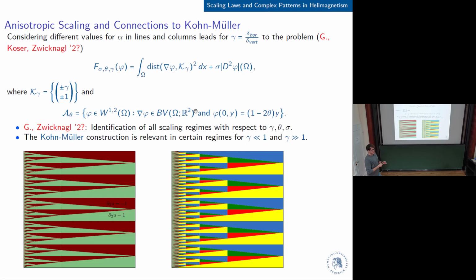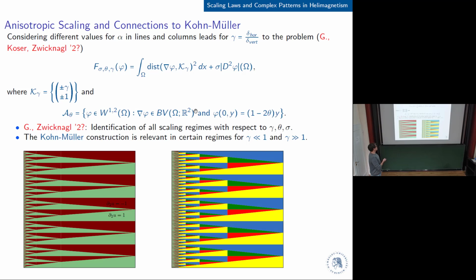Now the competitors in the regime where gamma is very small look as you would naively hope. If gamma is very small, this should be a good guy. If gamma is moderately large, this should be a good guy. And in between, you start like this, and then at some point you transition into this kind of construction, and use this as an interpolation towards the boundary.